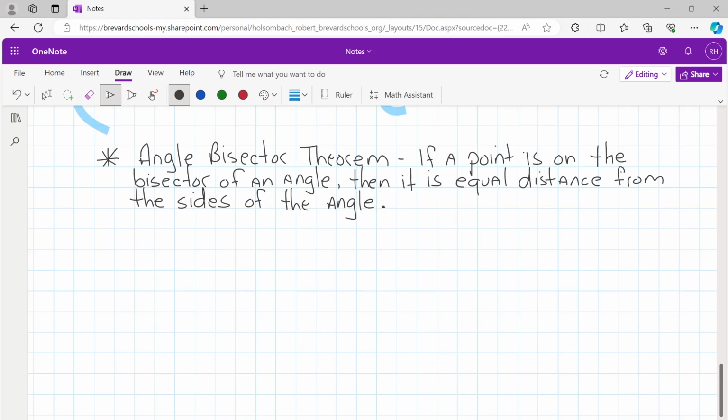If a point is on the bisector of an angle, then it is equal distance from the sides of the angle.